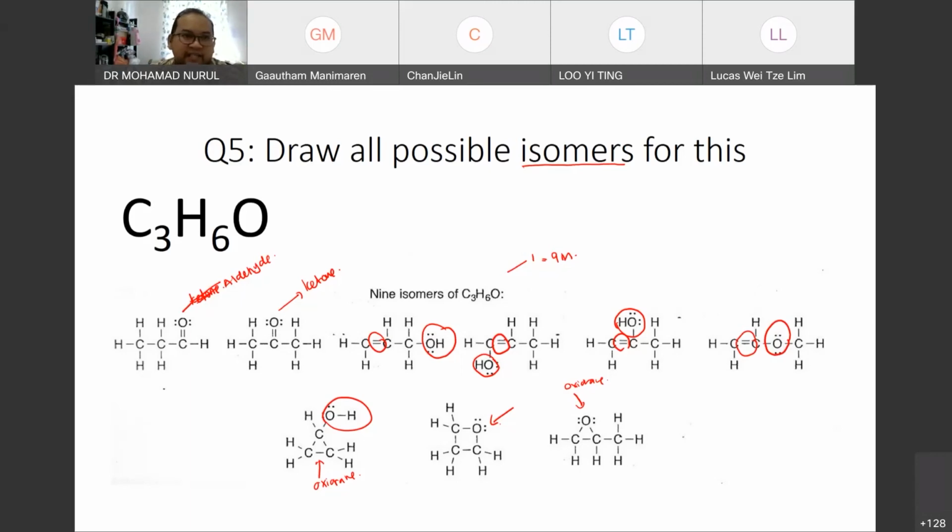Like Hidayah asked in the chat box, what happens if we write the right structure but wrong electron movements? The answer is wrong. No half marks. To make it easy for everybody, no 0.5, no 1.5, we just give you 1 or 0, that's all. It's safer to draw the arrows.